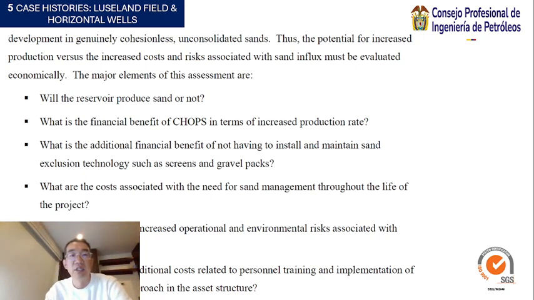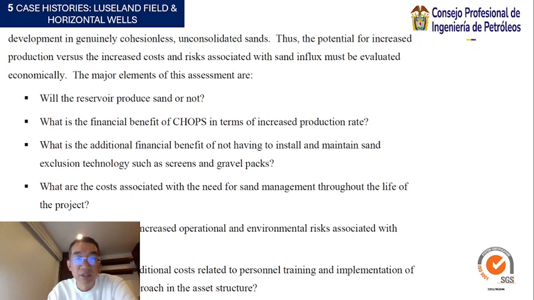In generally cohesive unconsolidated sands, thus the potential for increased production, whereas the increased cost and risk associated with sand influx must be evaluated economically.